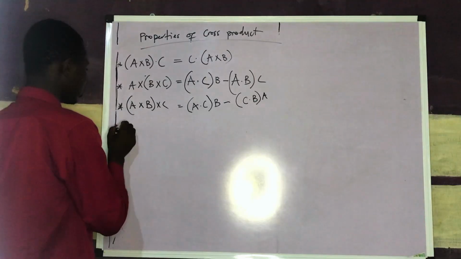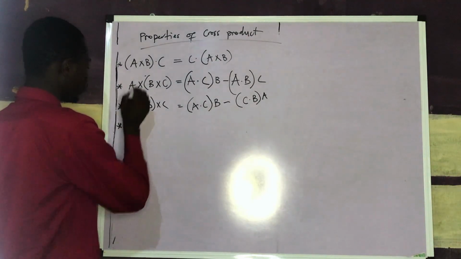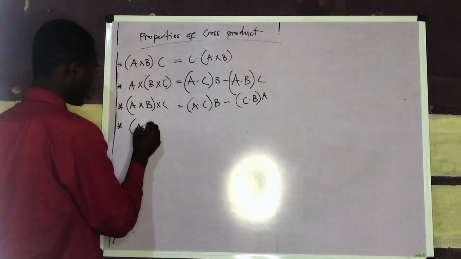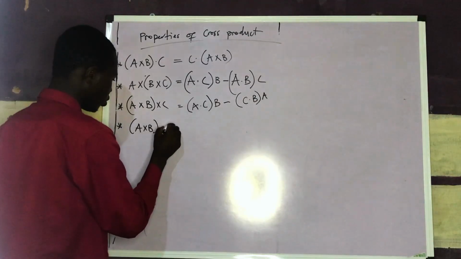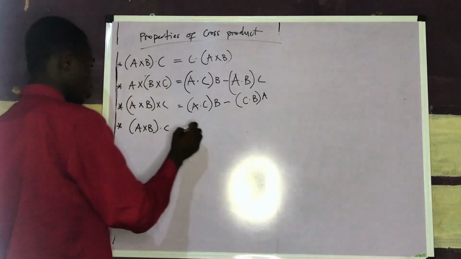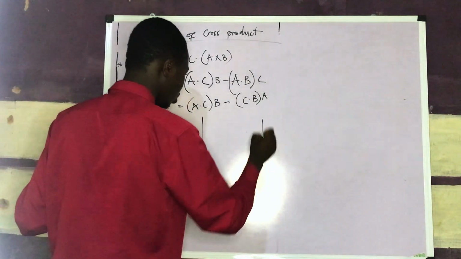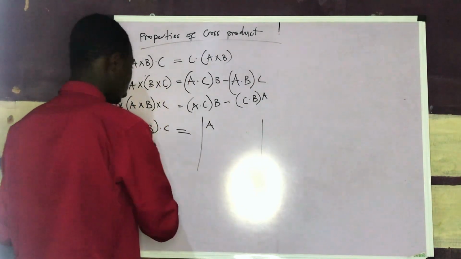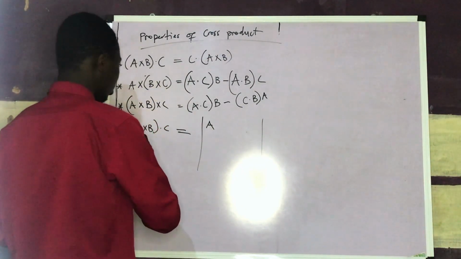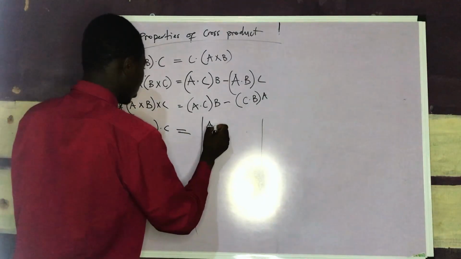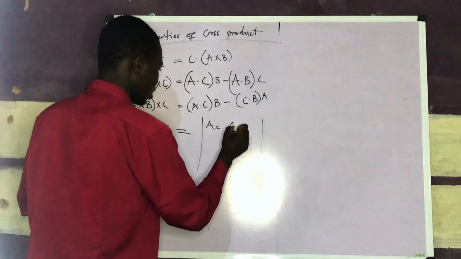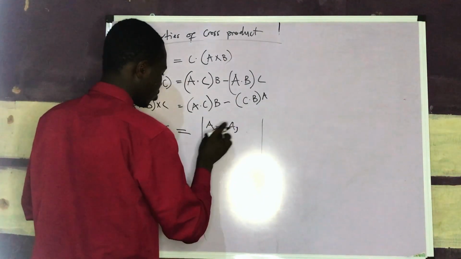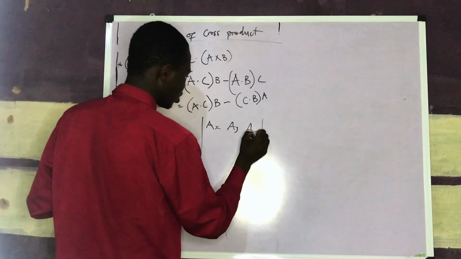And let's go back to this. Also, if you are given something like A cross B dot C, you know this is how you solve it. You solve it into a matrix. This place will represent A, and this A has X component, Y component, and Z component.